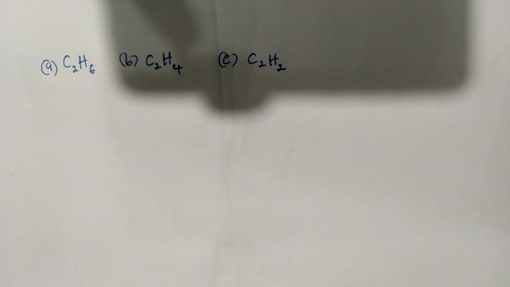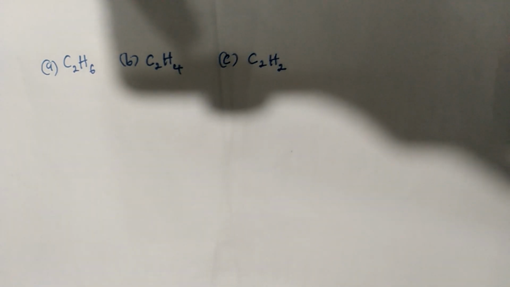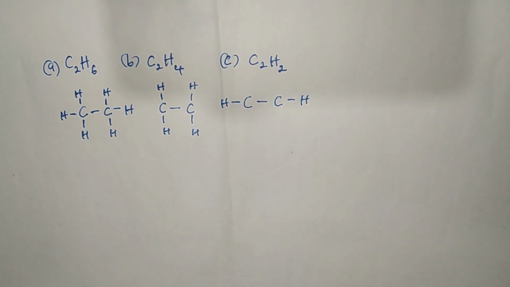Now, to draw the Lewis structure of these 3 compounds, A, B, and C, this is how the Lewis structure of the 3 compounds will look. For A, it has all single bonds, and therefore it is termed a saturated compound. For B, you take note that carbon has only 3 bonds, and we already established earlier that carbon likes to form 4 bonds.